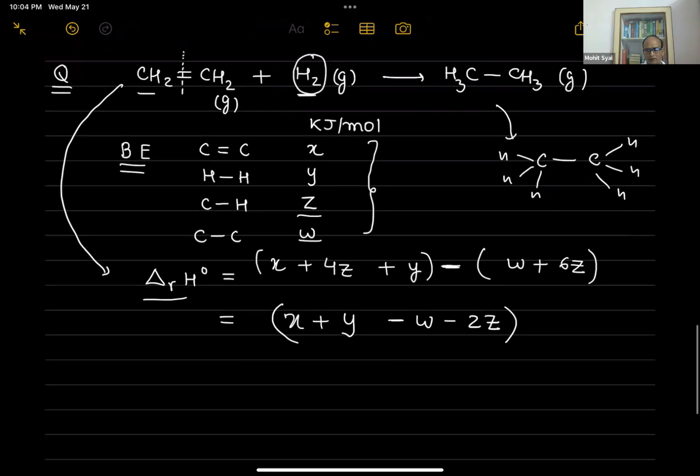But suppose the same question is given in terms of enthalpies of formation.